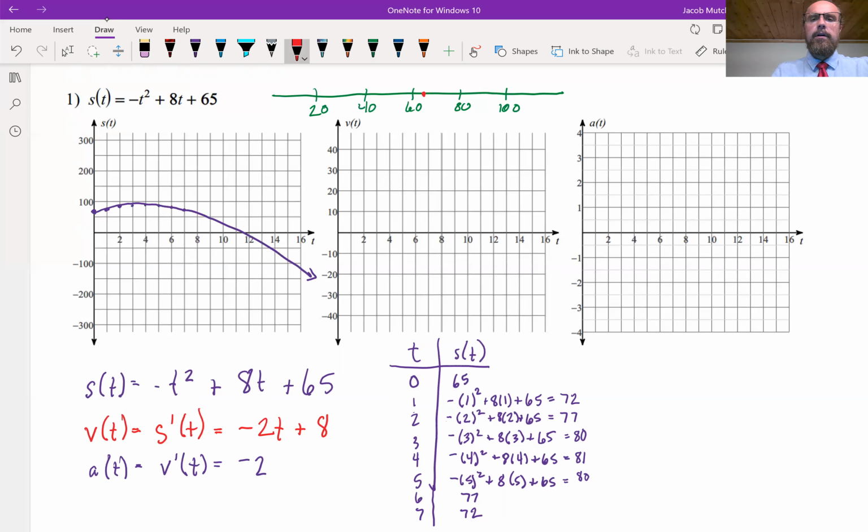Then the particle is going to head to the right towards 81. At about 4 seconds into the movement, it's going to change directions and head back to the left.